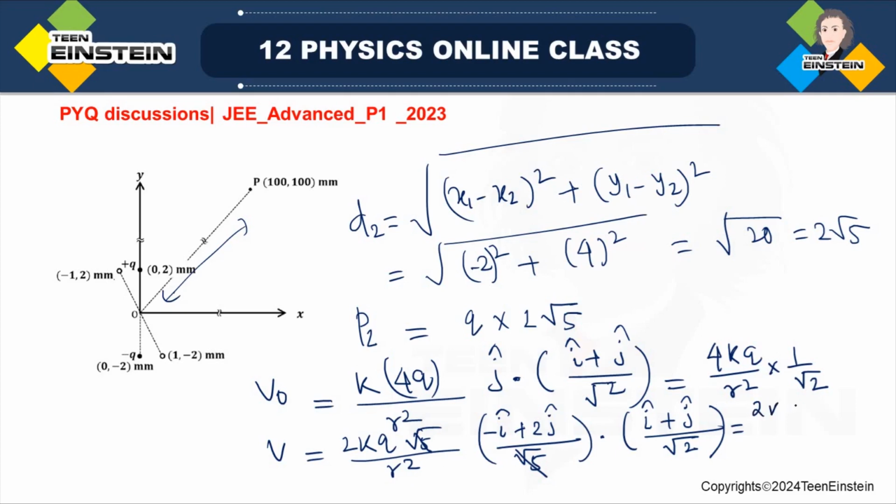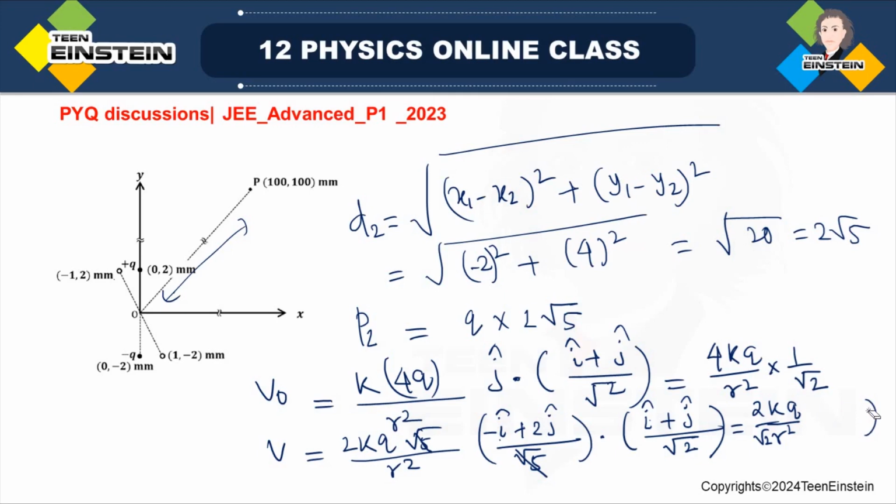I have 2KQ divided by R square into root 2 in the denominator, and this will give you minus 1 plus 2. I have taken the root 2 out. So minus 1 plus 2 will give you plus 1 itself.